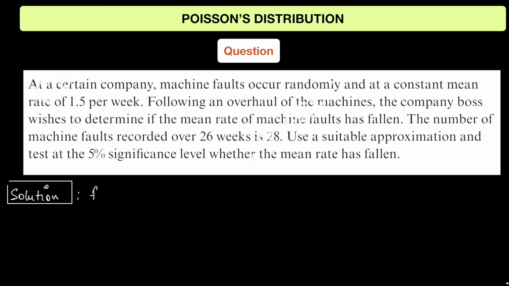So first of all, we know that we are talking about 26 weeks in the question. So for a 26 week duration, first of all, what you need to do is convert the average accordingly.